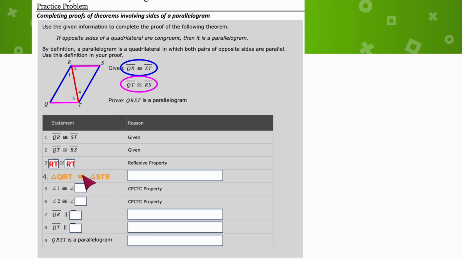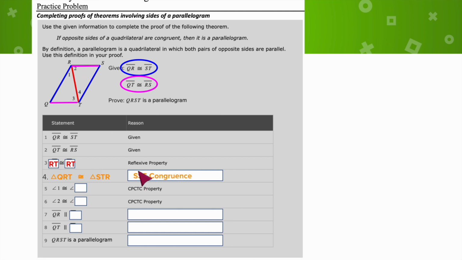So now the fourth step that's on here, they want us to fill this one in, and they want us to give the reason. So now we have triangle QRT is congruent to triangle STR. And this is going back to when we were doing triangles that are congruent to each other. I have three sides of this one on the left congruent to three sides of this one on the right. So the three sides are congruent to each other from triangle to triangle.